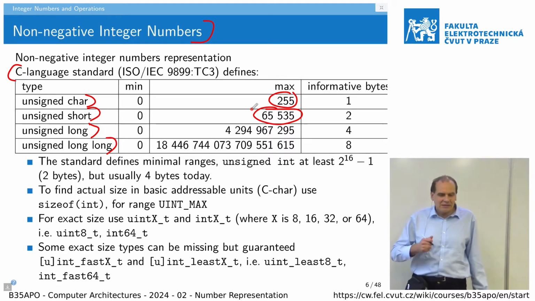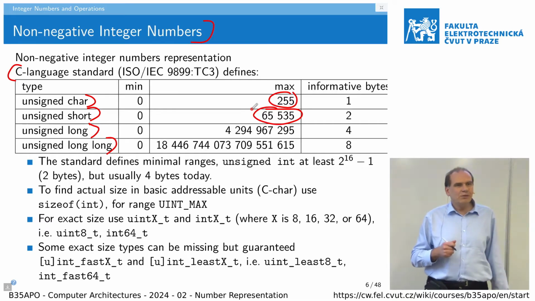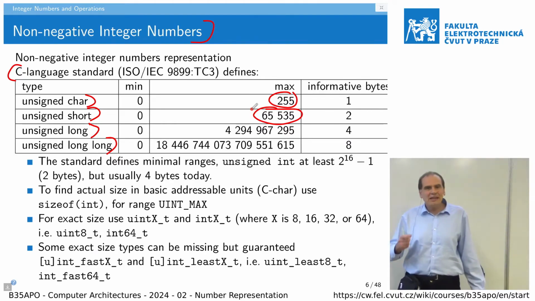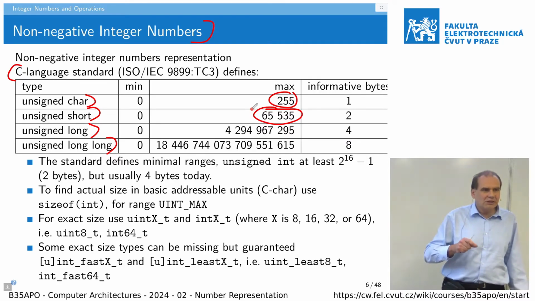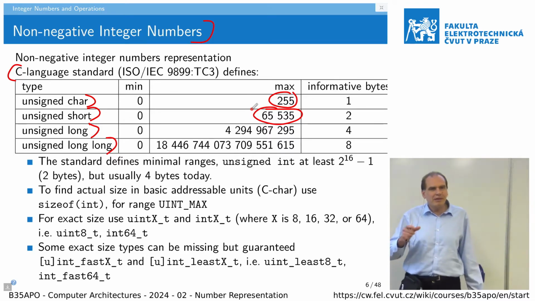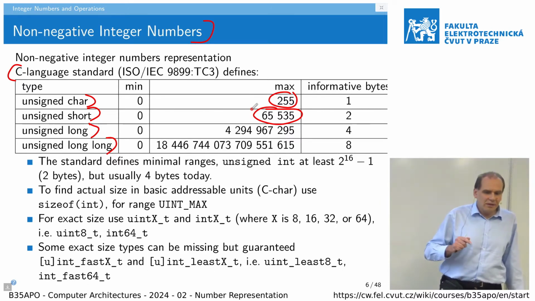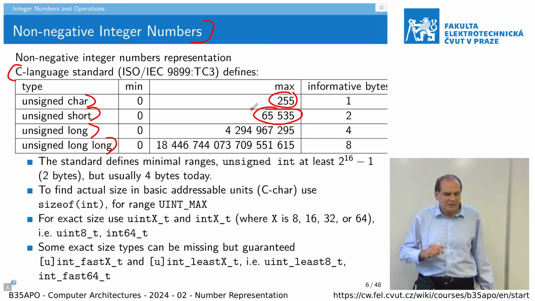But this is the one guaranteed by the standard. So even if you implement a C compiler for an 8-bit computer, which cannot hold one integer value in a single register, but you implement the arithmetic to hold the values in 2 consecutive registers, then you are still compliant with the C standard.